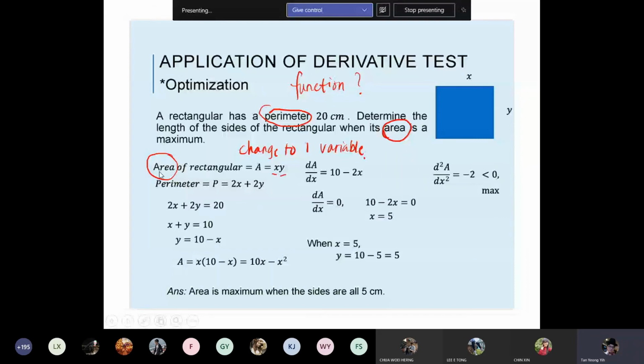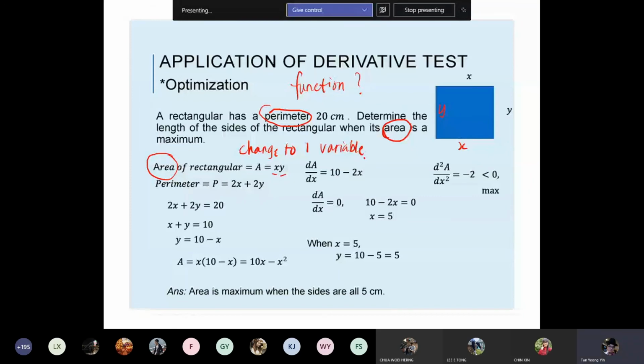How to change to one variable? Then we need another formula, the perimeter. How to find the perimeter? It will be 2x plus 2y, and the perimeter is 20. Simplified, we get x plus y is 10.